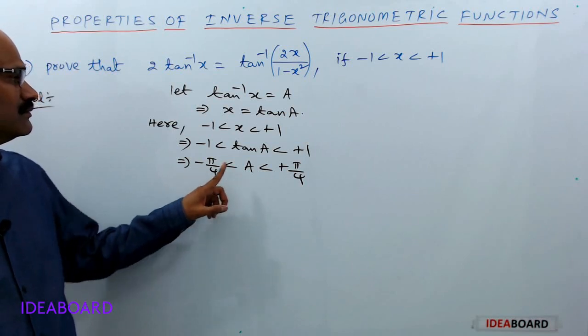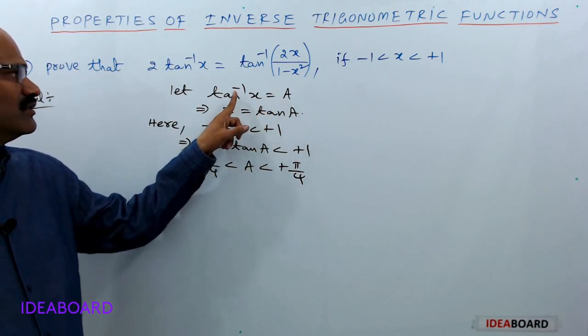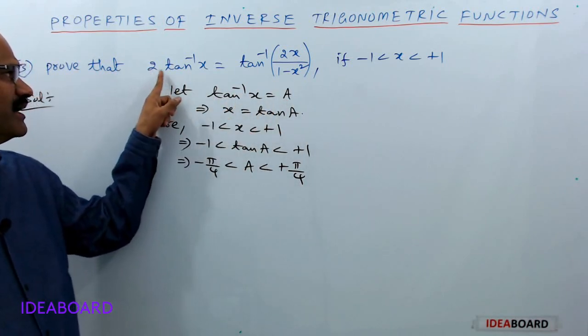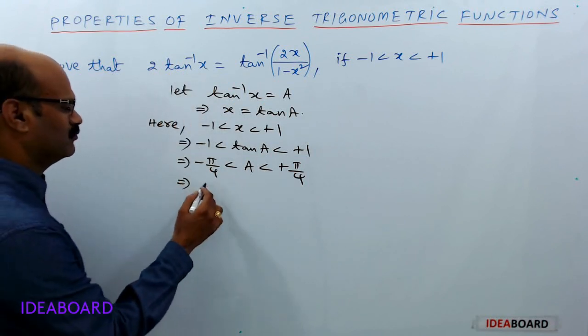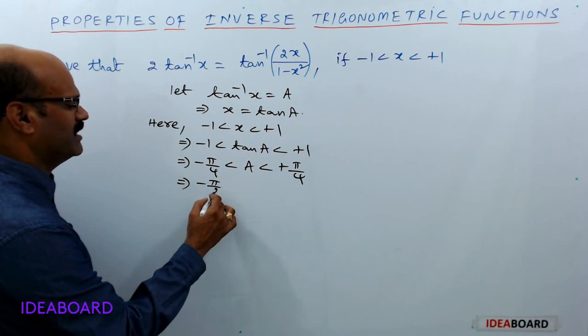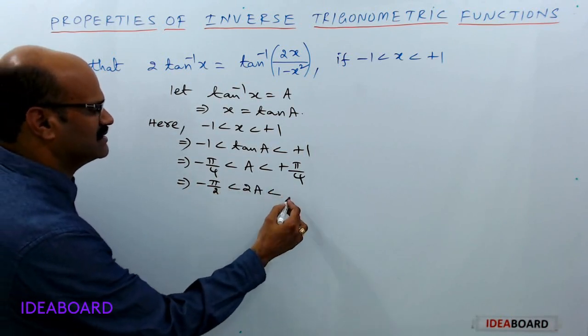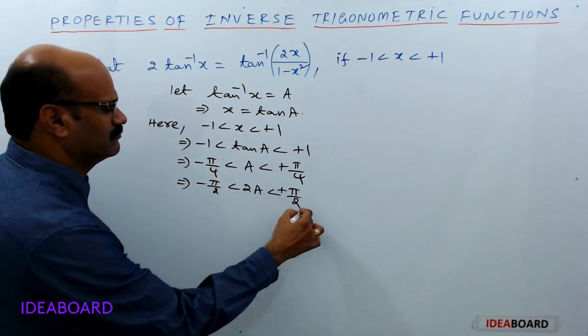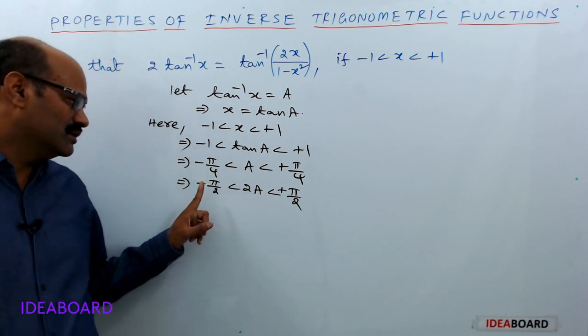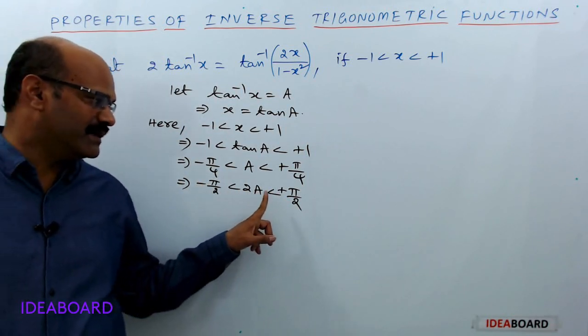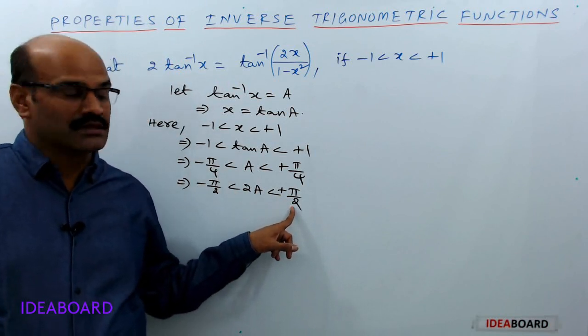So here a equal to tan inverse x. It is given by 2 tan inverse x. So multiply by 2. So minus pi by 2 less than 2a less than plus pi by 2. So 2a belongs to the open interval minus pi by 2 to plus pi by 2.